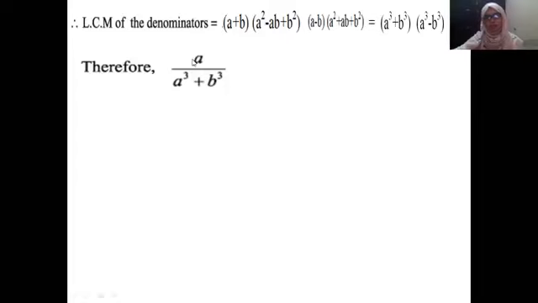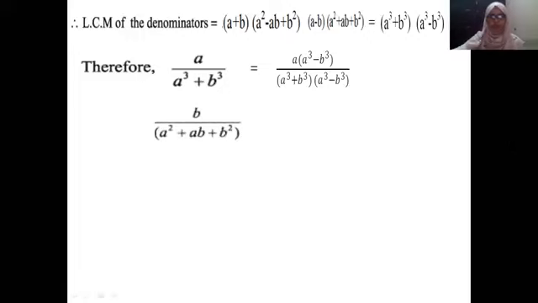Now, multiply both numerator and denominator by this quotient, we get a into (a cube minus b cube) by (a cube plus b cube) into (a cube minus b cube). Our second fraction is b by a square plus ab plus b square.